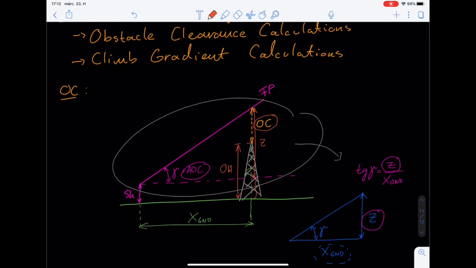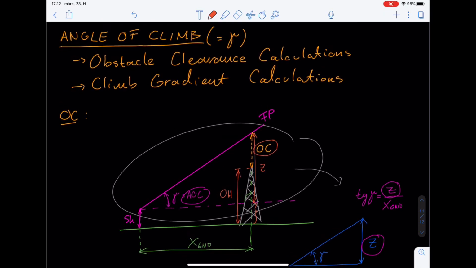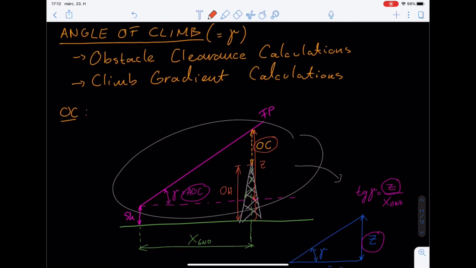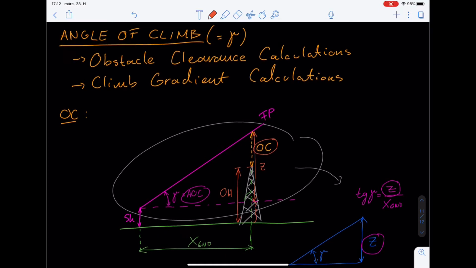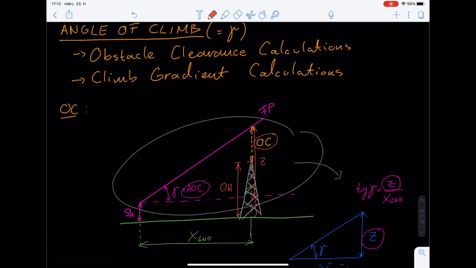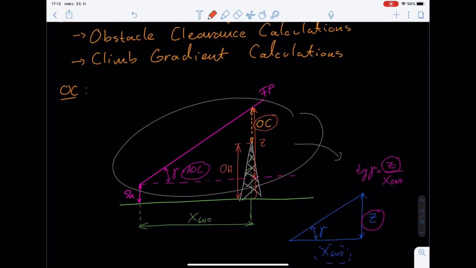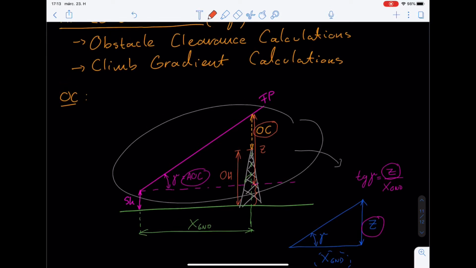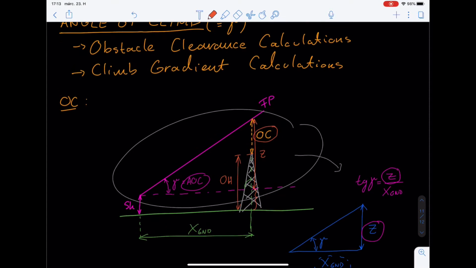So this is going to be a fairly common calculation that we'll do with the flight path angle. And this is just, roughly speaking, the theory which we'll use to calculate the obstacle clearance. It is not really mandatory to understand it now. This was meant as an introduction to what we're going to do. But this is the aim of doing these kinds of calculations, the obstacle clearance calculations.